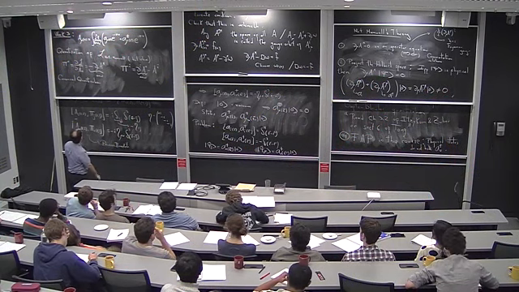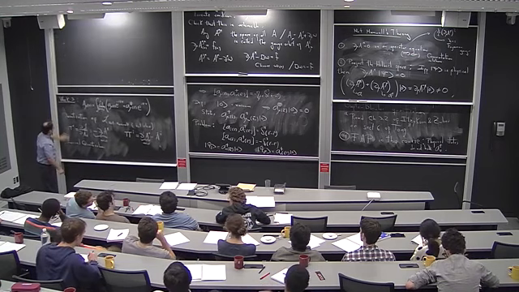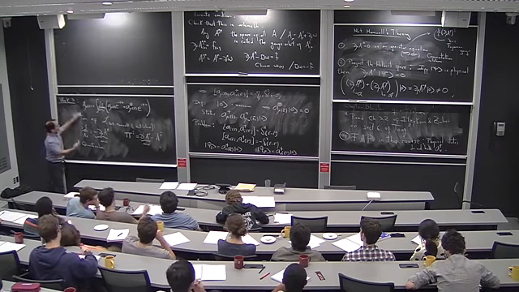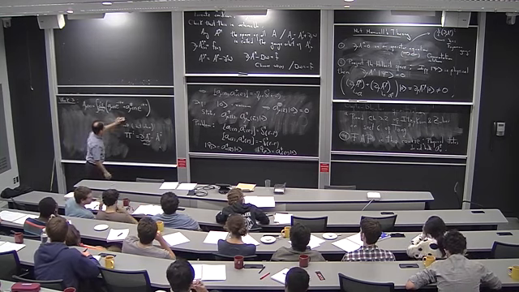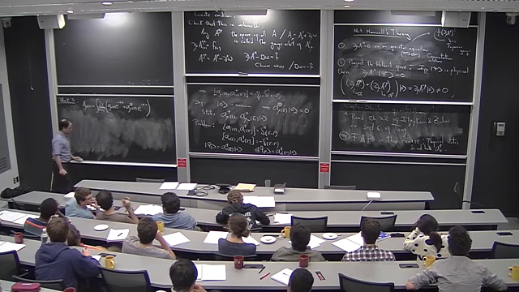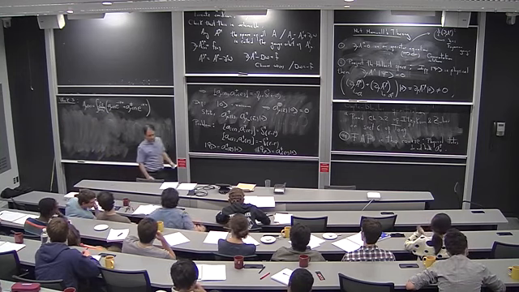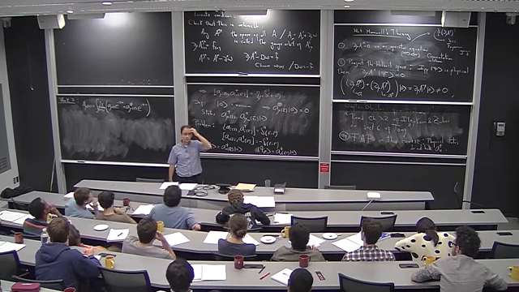So let's continue. Now we go back to this, and we're going to discuss the way people usually discuss these operators. Did you guys discuss tetrads when you were doing GR?